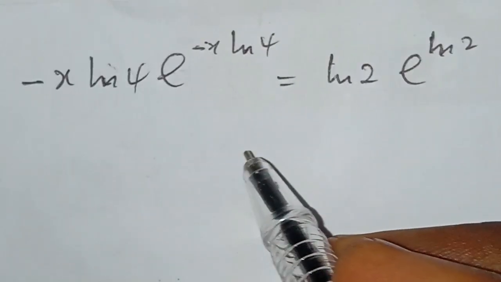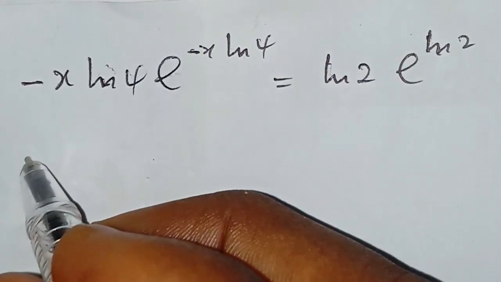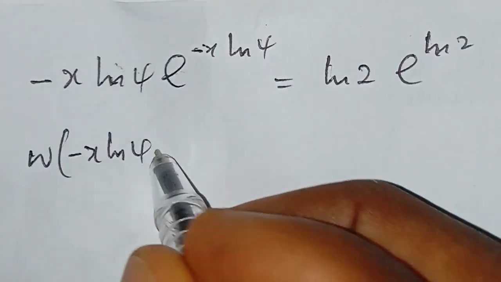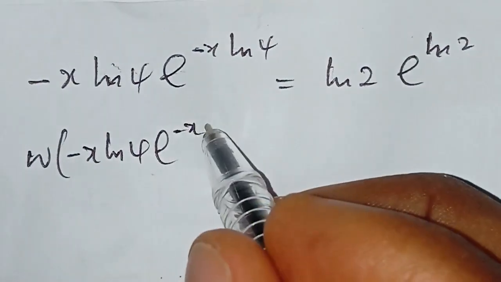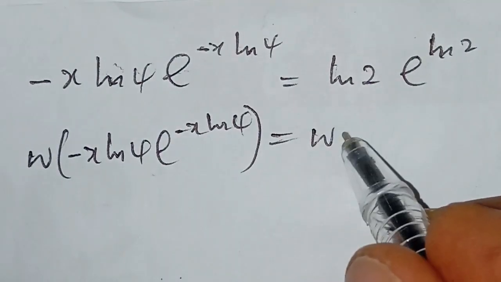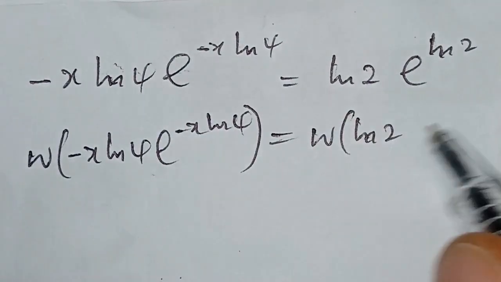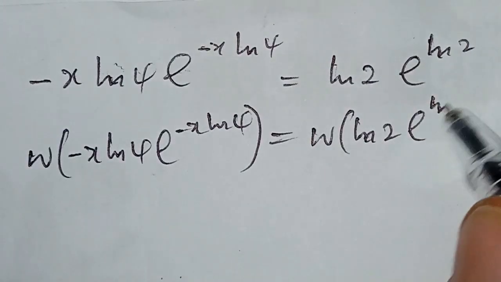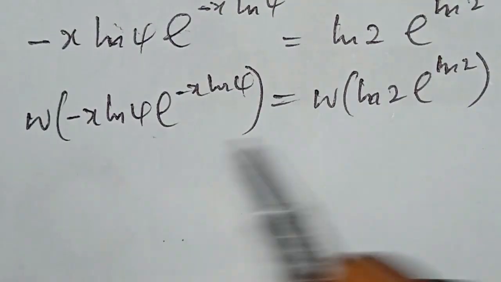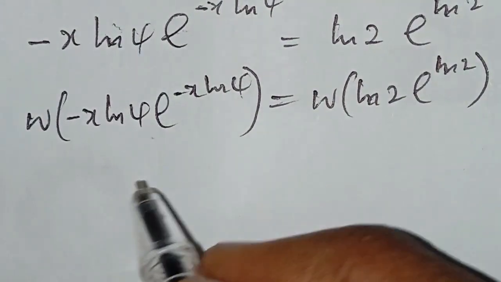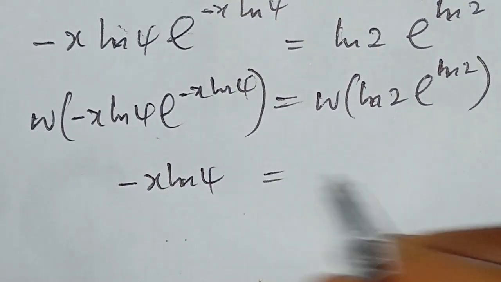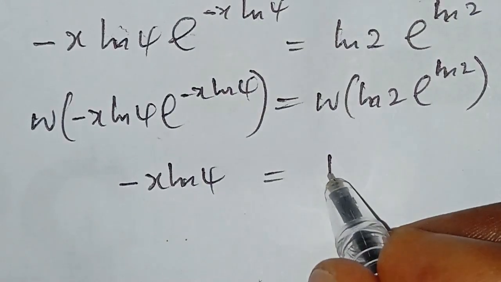So applying the Lambert W function here, we now become the Lambert W function of minus x ln of 4 e to the power of minus x ln of 4 equal to the Lambert W function of ln of 2 multiplied by e to the power of ln of 2. So putting the Lambert W function gives us the next step to be minus x ln of 4 will now be equal to ln of 2.